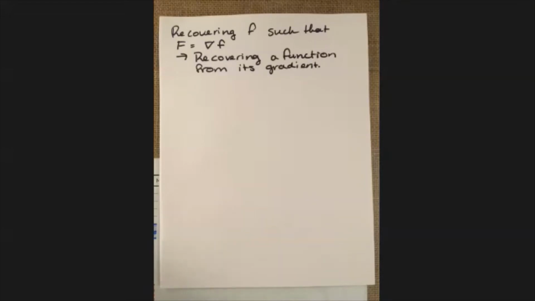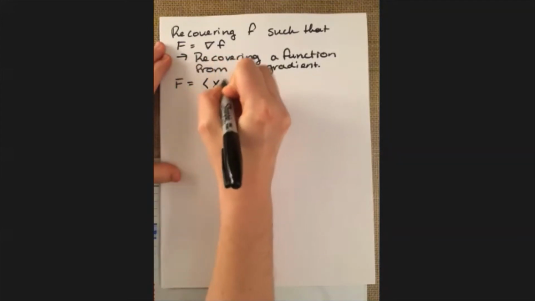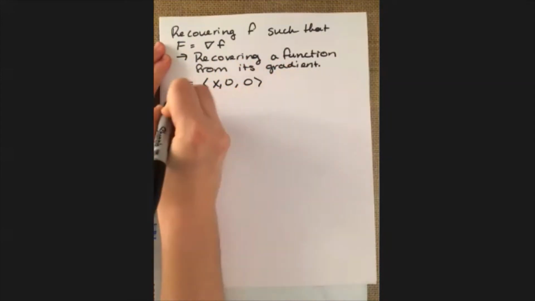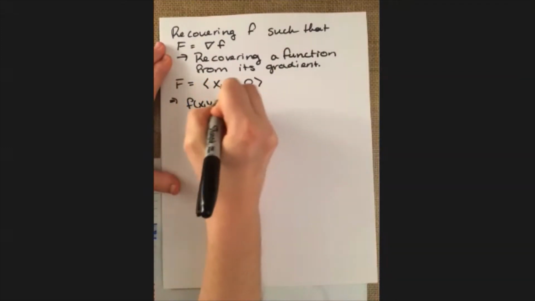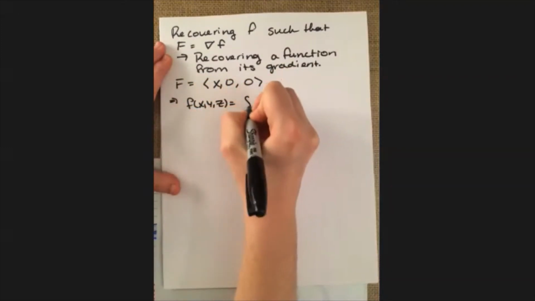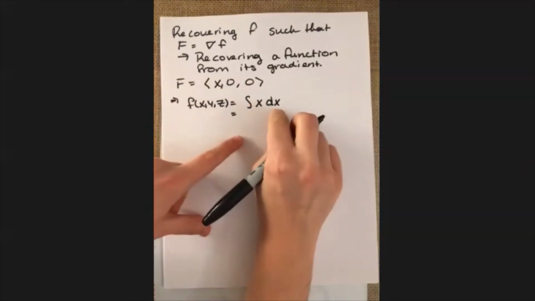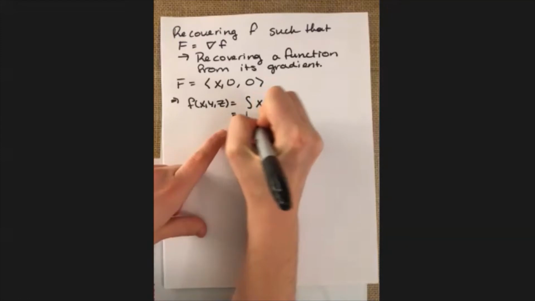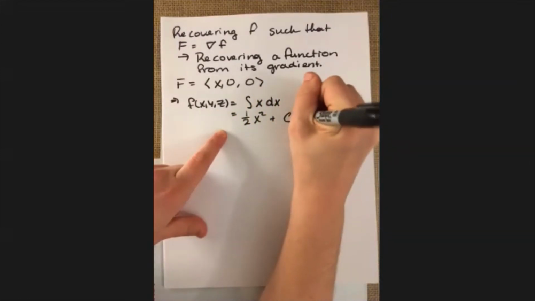But the main idea here is that we're going to wind up taking the integral of each of the components of F. So remember that our vector field is given by x, 0, 0. So we're going to have that f of x, y, z is equal to the integral of x dx. And if I take this integral with respect to x, I'm going to get 1/2 x squared and then plus some unknown function in terms of y and z.